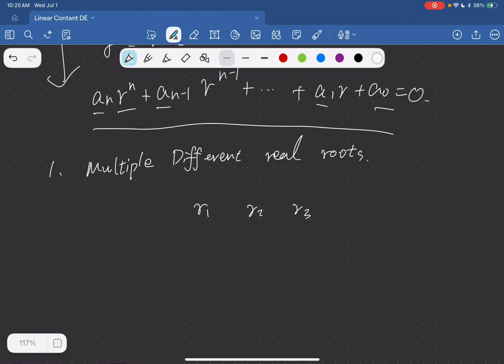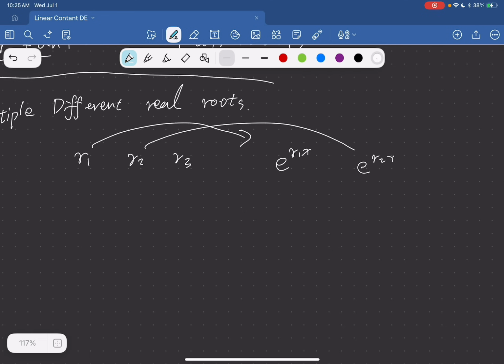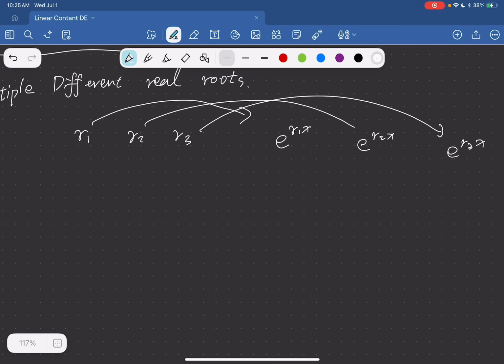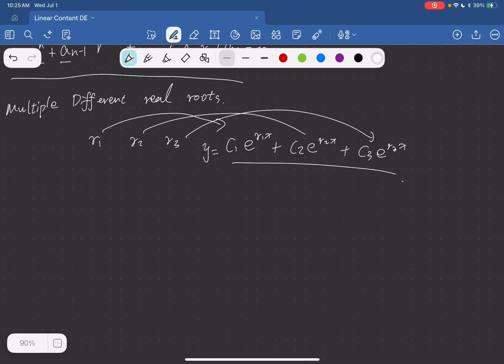They will correspond to the exponential terms in here, and we just add a constant to each of them and add them together to get the solution. So you got the idea.